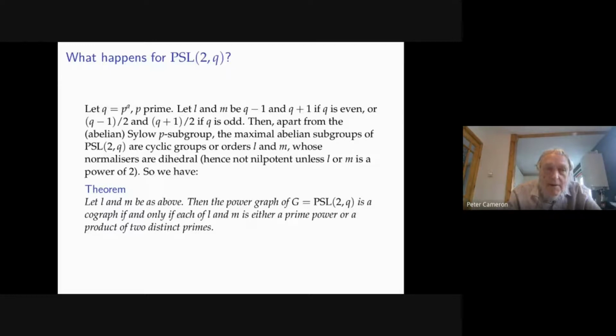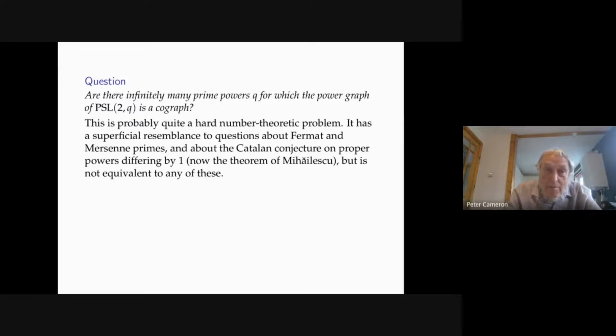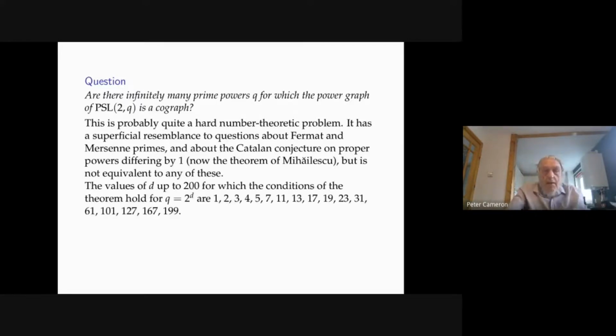So it breaks up into quite a number of Diophantine type problems, which look a bit like Fermat and Mersenne primes and the Catalan conjecture, but it's not quite the same as any of those. But there are quite a lot of values for which it holds.